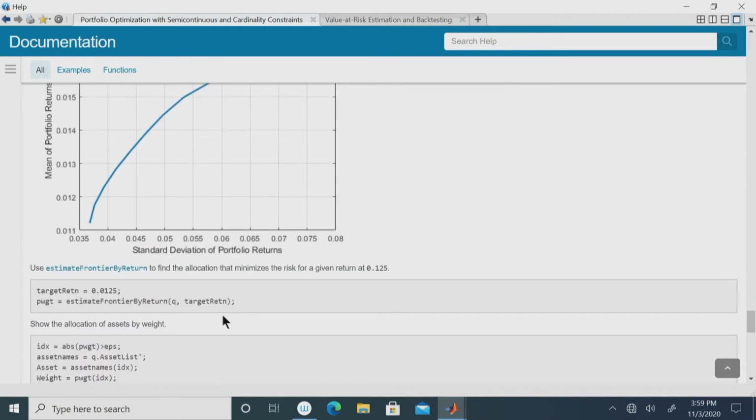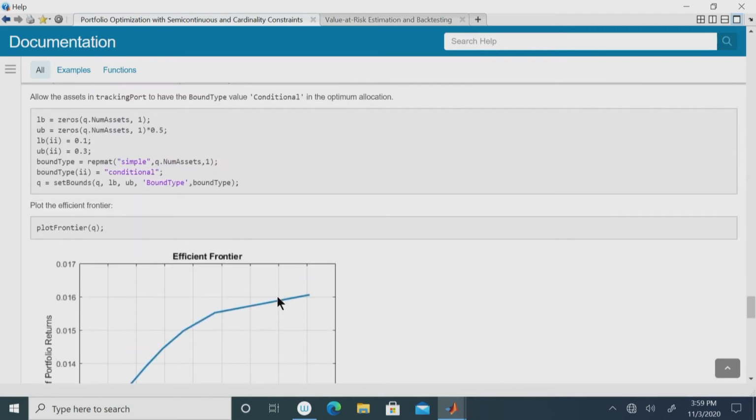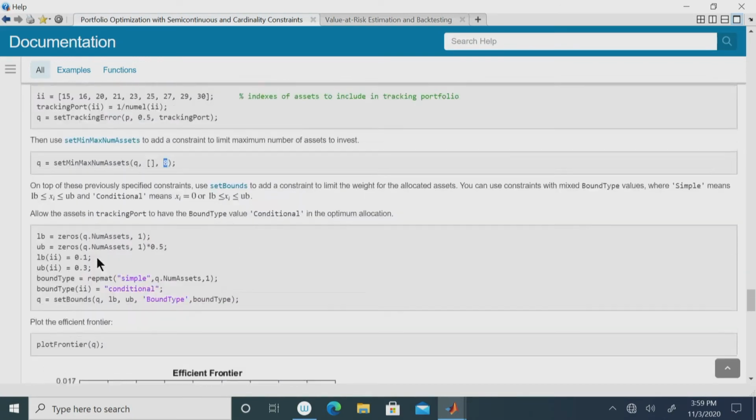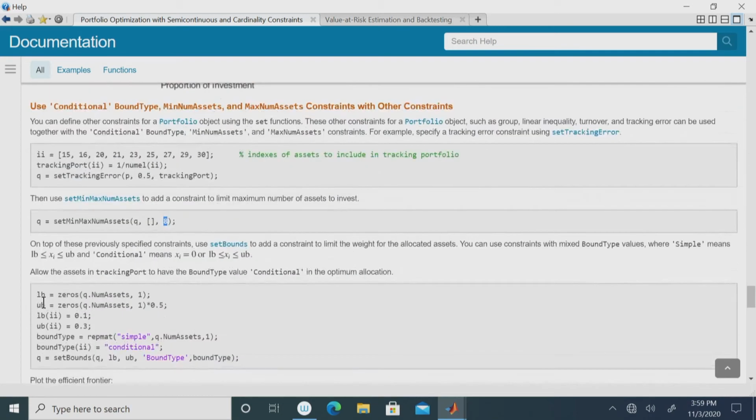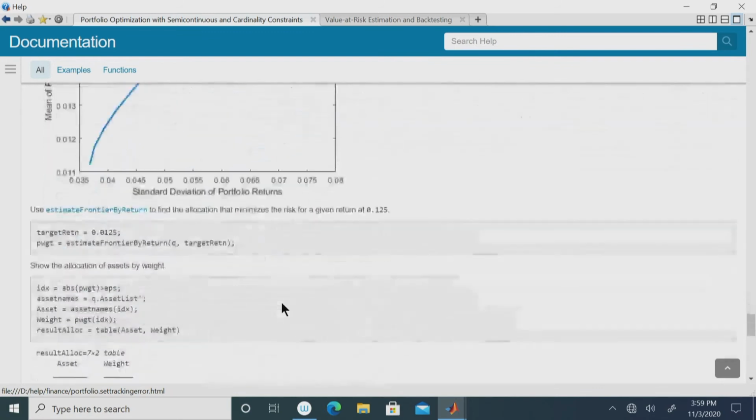So, remember that you are setting this now. You might wonder why you are setting the target return at 12.5% again, when you have already seen a case of this target return. Here I just want to point out that I am putting a target return on Q resulting from this scenario where you are considering a tracking portfolio.